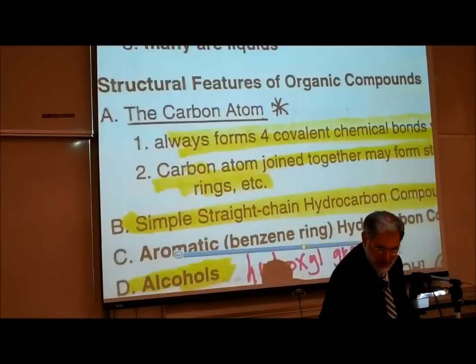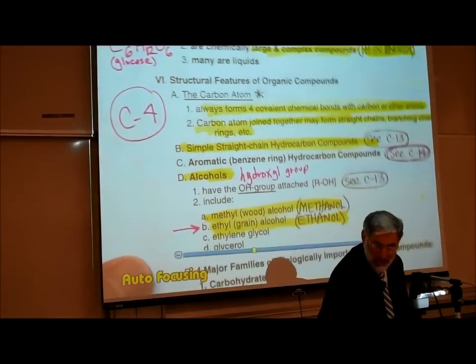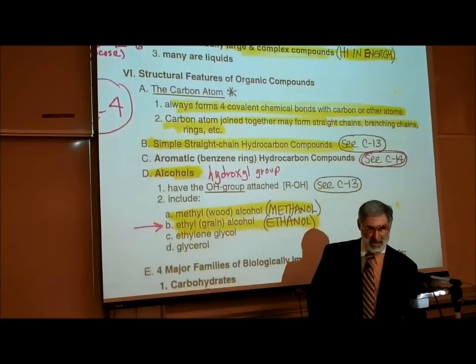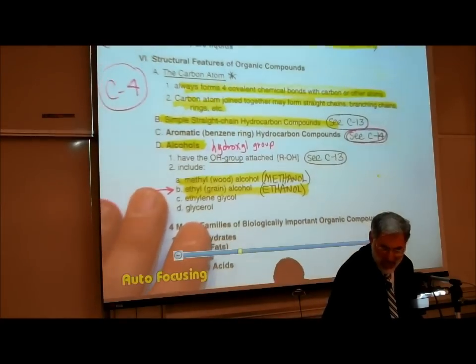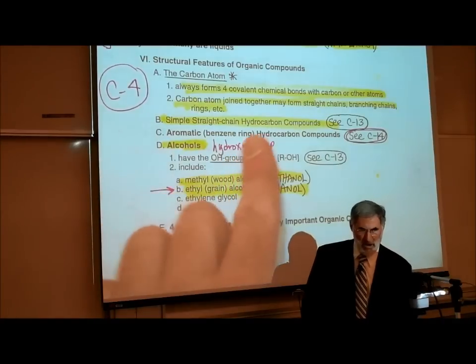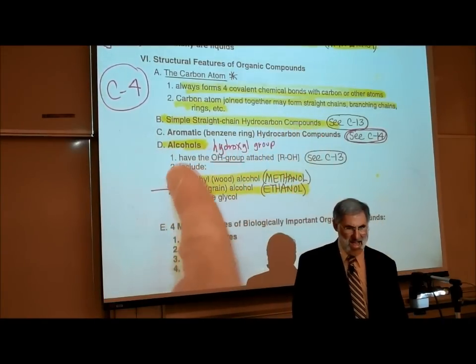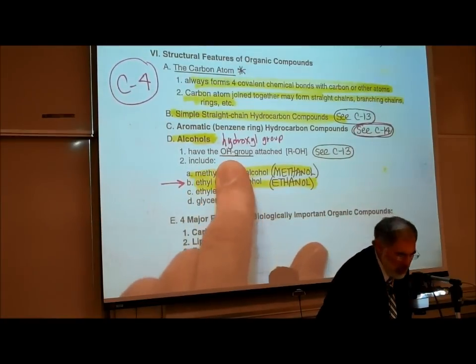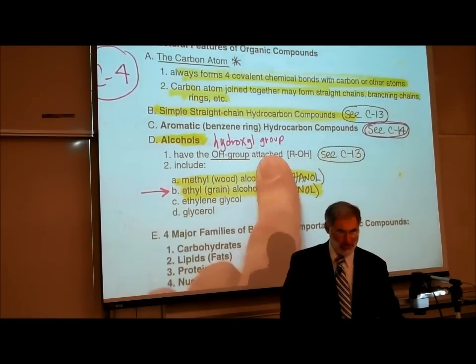So we have been back on page C4. We were talking about examples of straight chain hydrocarbon compounds and alcohols. How did we define an alcohol? It has an OH group attached, a hydroxyl group.